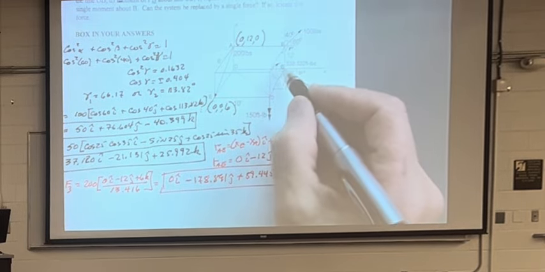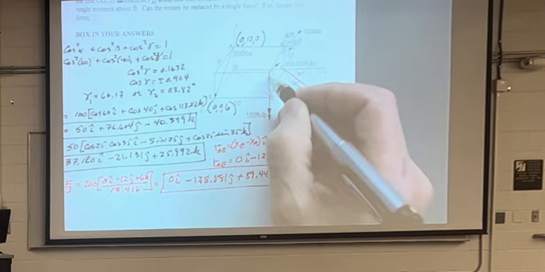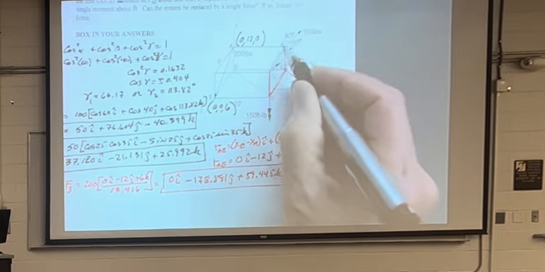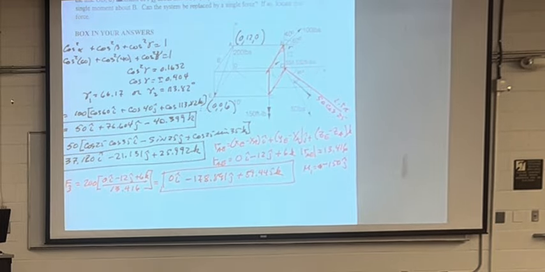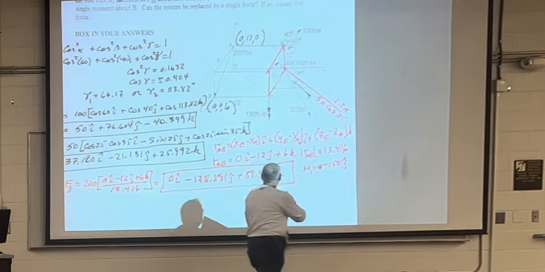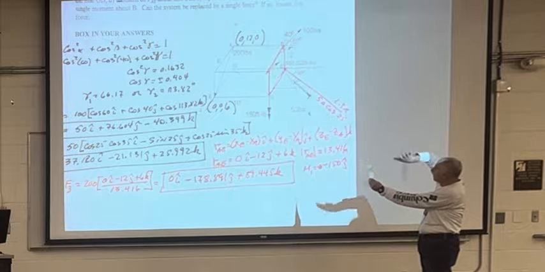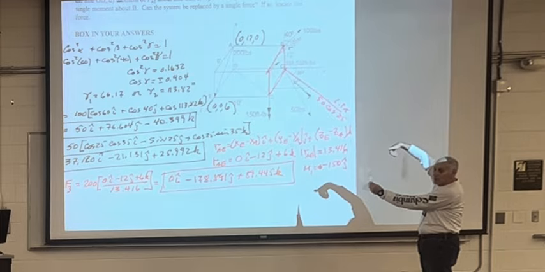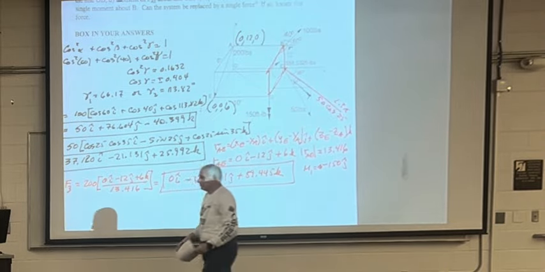Now this moment right here is on this side of the cube, right? So I have this side of the cube sits right here, and I'm turning this way. Where's my thumb pointing? In the negative x direction, right?